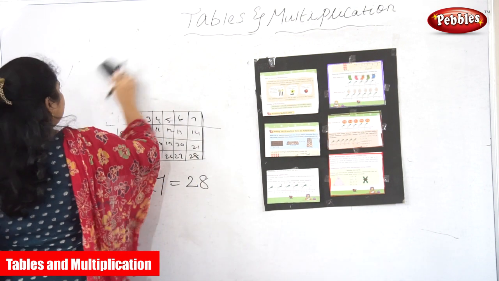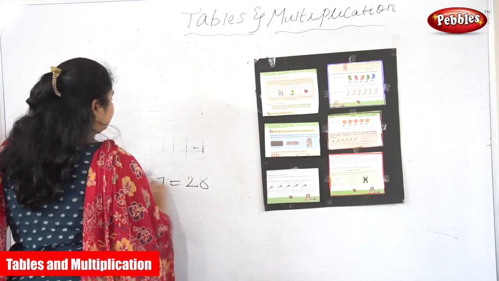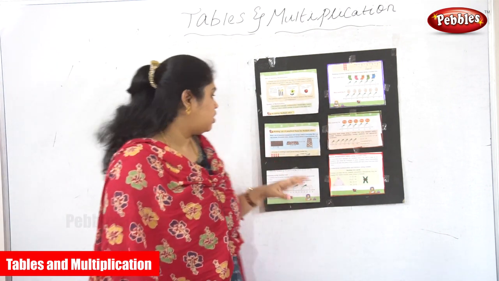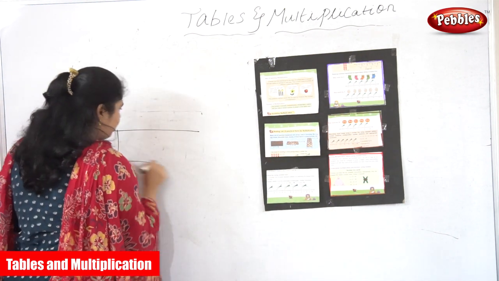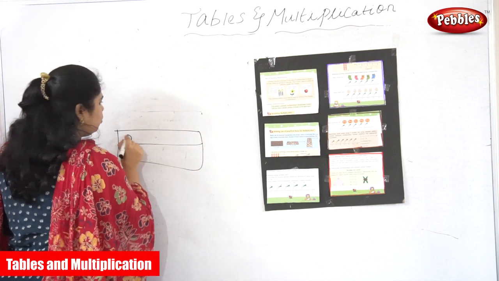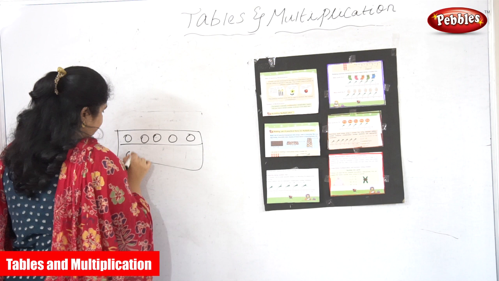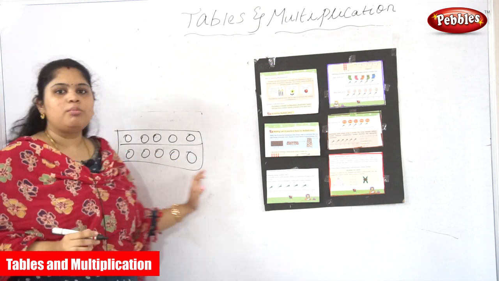They are giving a lot of examples to make it very clear how multiplication works. See here, there is an egg palette. So now I want to calculate how many eggs are here.